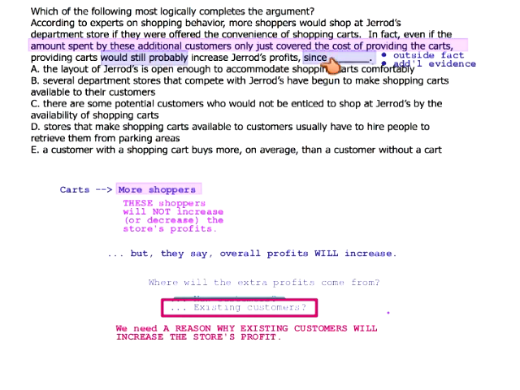So A just says that you could actually feasibly do it, so that has nothing to do with profits. Like the aisles are not so narrow that they would block the cart. We don't care. B says other stores are doing it, but that's not relevant.